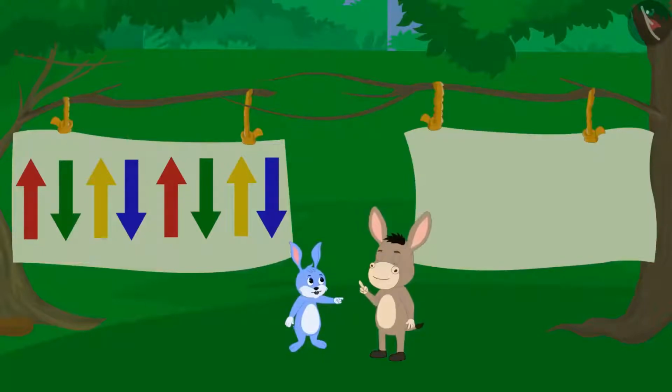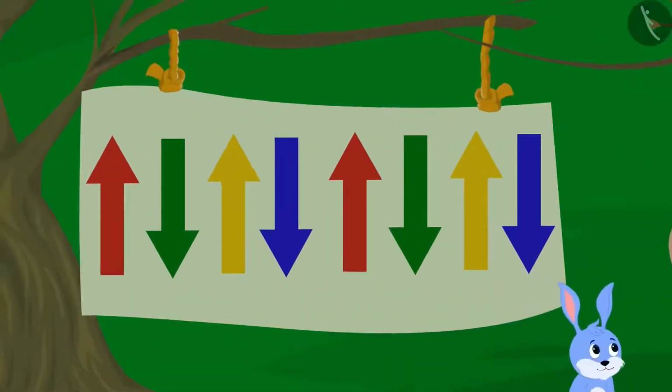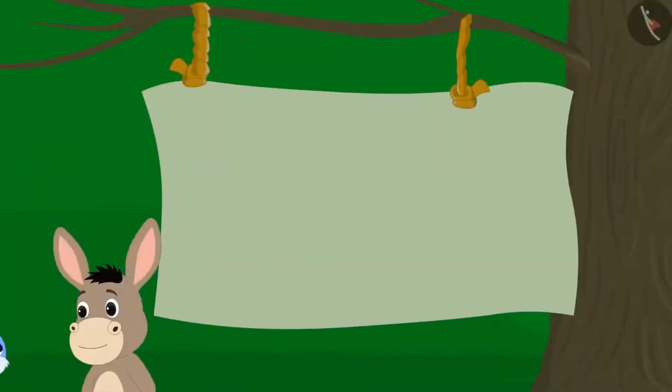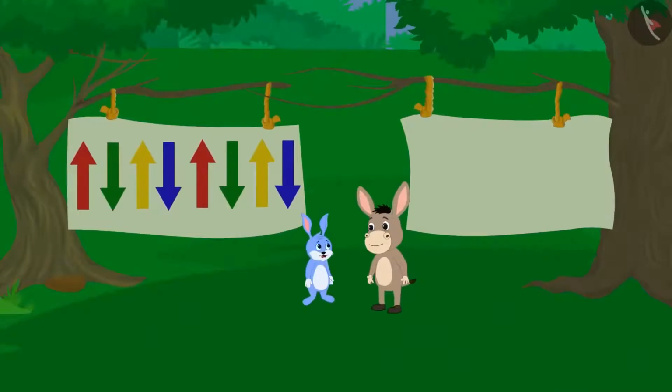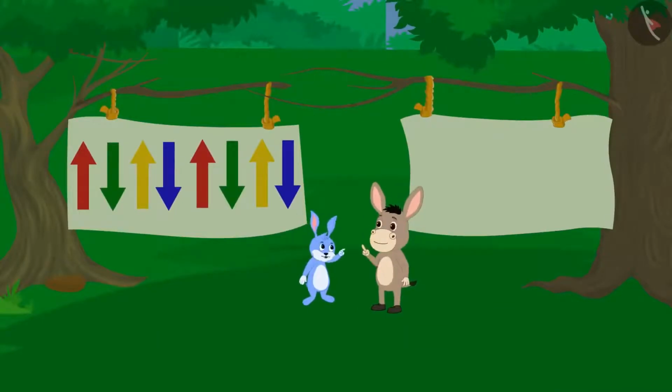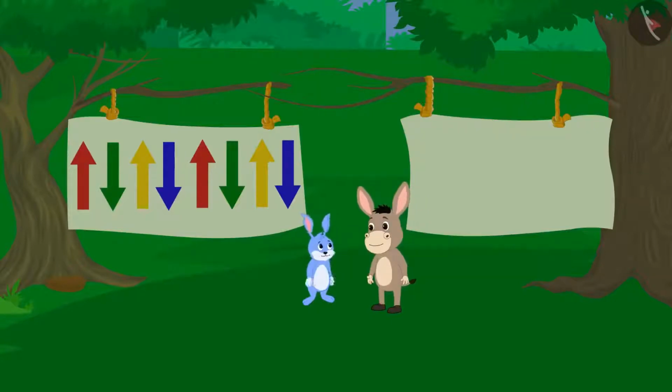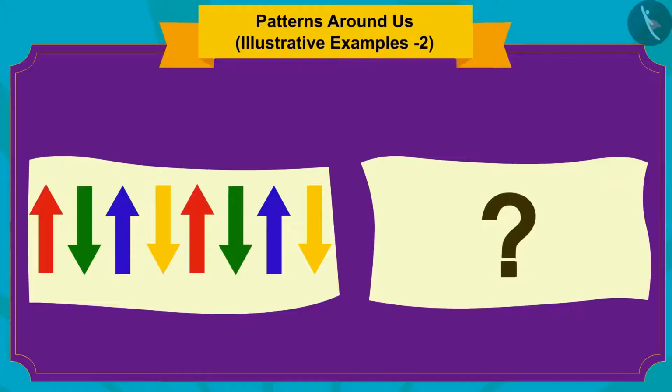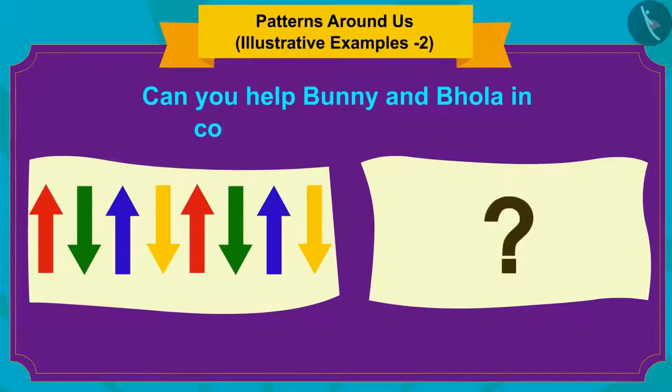Bhola and Bunny thought that if they make that pattern on the other side of the curtain and then pull both the curtains closer, then they will be able to complete that incomplete pattern as well. Children, can you help Bunny and Bhola in completing this pattern?